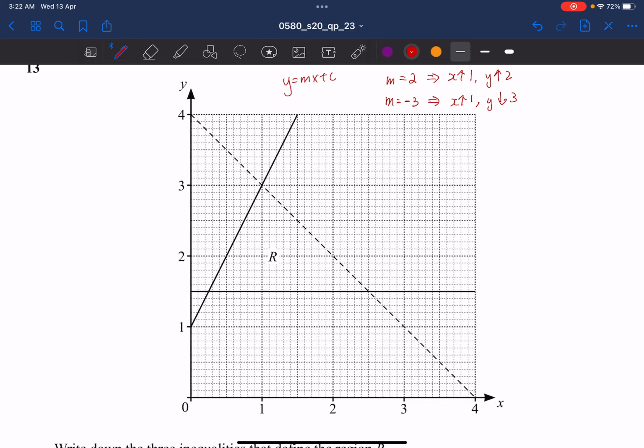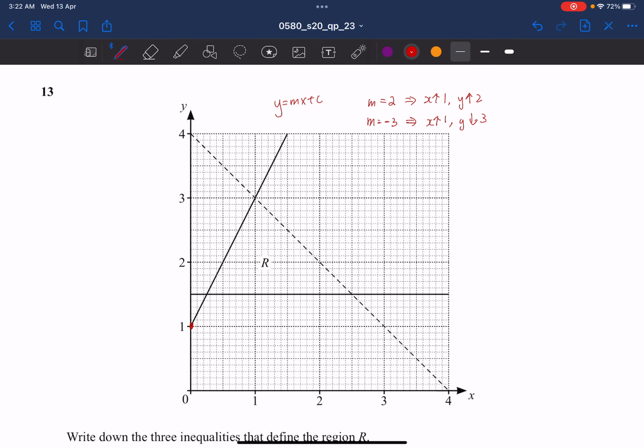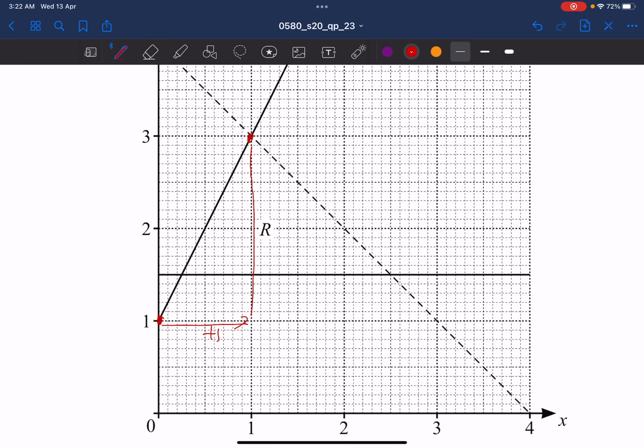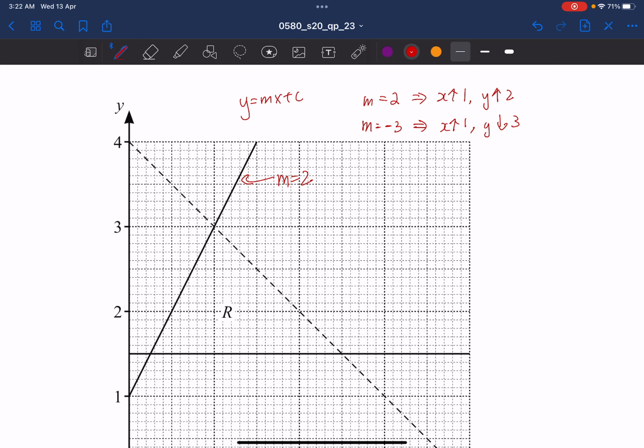If you look at this, x increases by 1 unit, and this point corresponds to this point, so y increased by 2 units. So the gradient of this line is 2. Or you can use the formula of gradient.